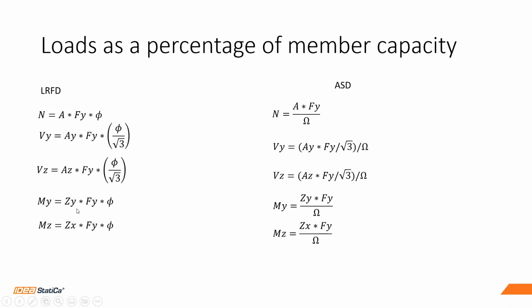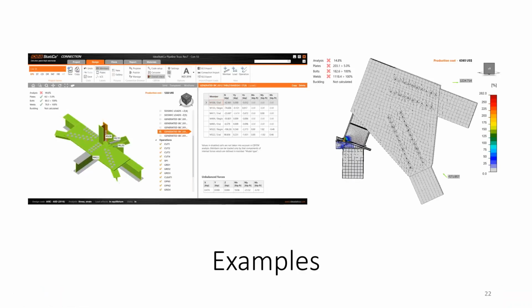And you can see here the formulas for LRFD. So this is the material factor, and this is ASD. In this case, you need to divide that. So if you want to just double check these values, we use these formulas over here. All right, so let's jump into the two examples that I have. These are just visual examples.